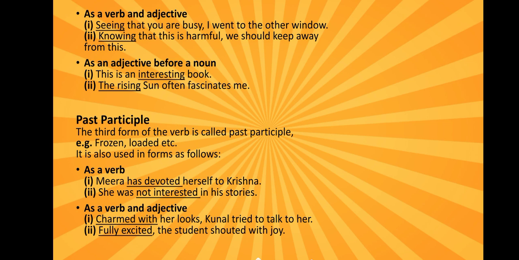So past participle we take. The third form of the verb is called the past participle. Examples: frozen, loaded. Where these past participles are used, they are used as a verb and as an adjective. When it works as a verb: has devoted, not interested.